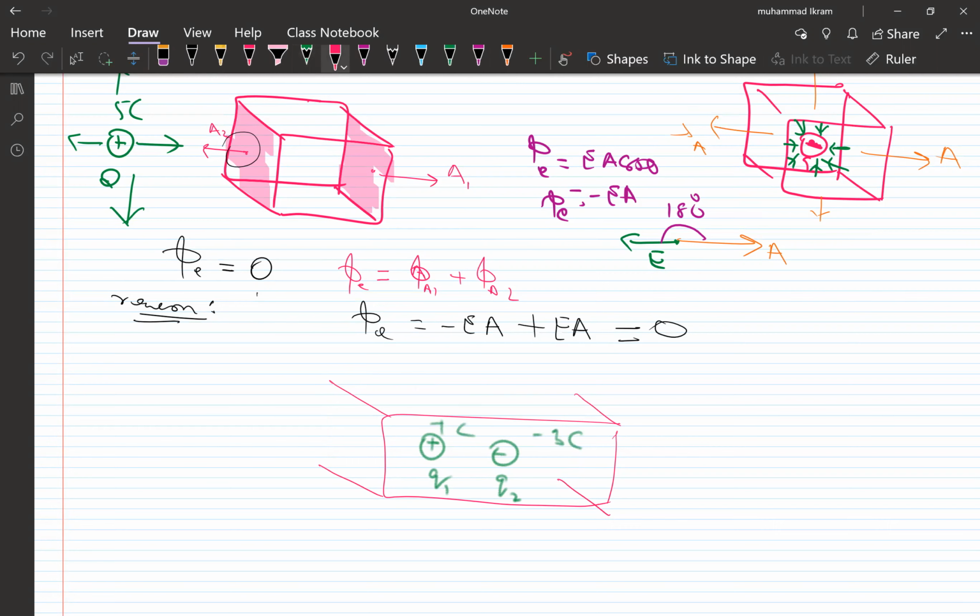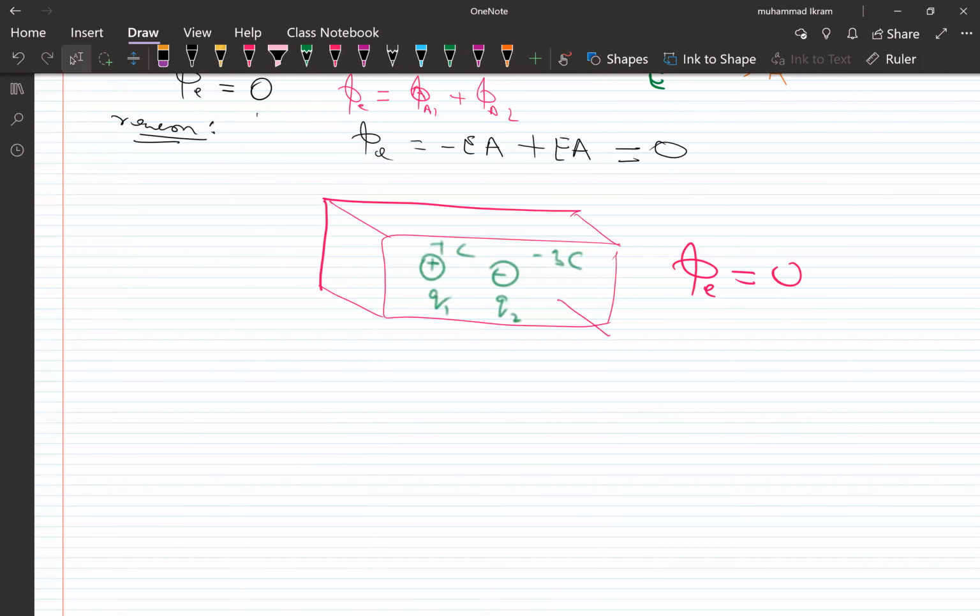What will be the electric flux through this surface? The net electric flux through the surface is again zero. Why? Because the flux that is leaving is the same as the flux that enters, right? So for a charge distribution having the same magnitude but opposite sign, the electric flux through the closed surface will be zero.